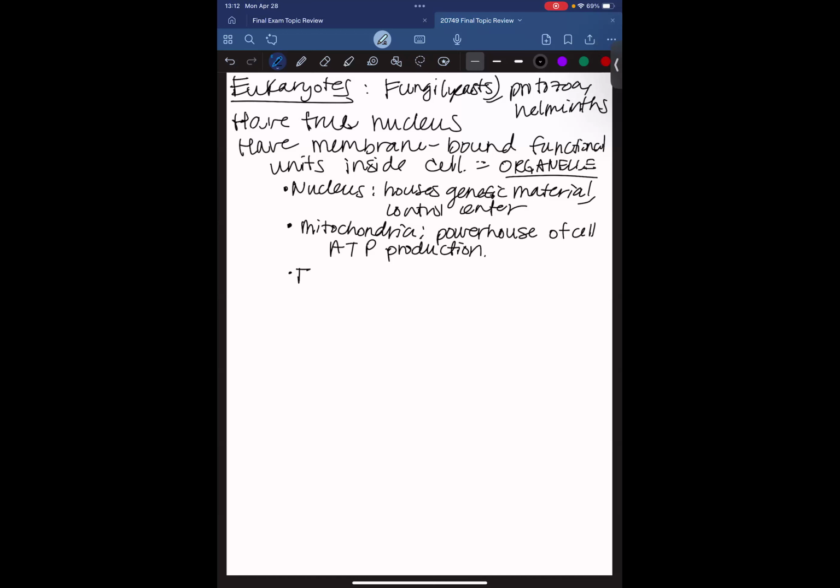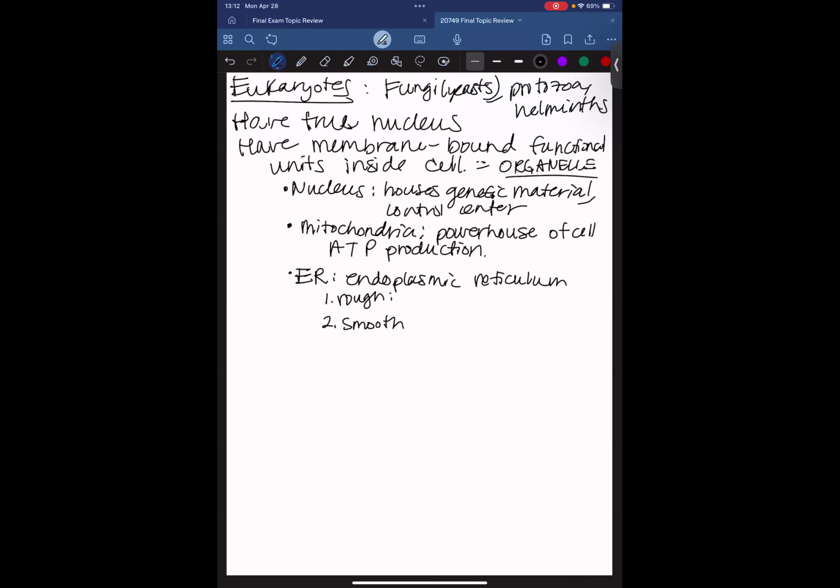We have the ER, also known as the endoplasmic reticulum. Most people can tell me that this is the site of protein production, and that's correct. But there's actually two parts to the ER, the rough and the smooth. What's the rough ER?